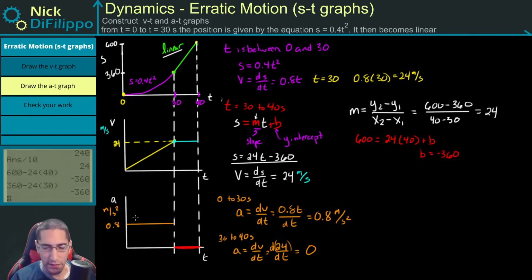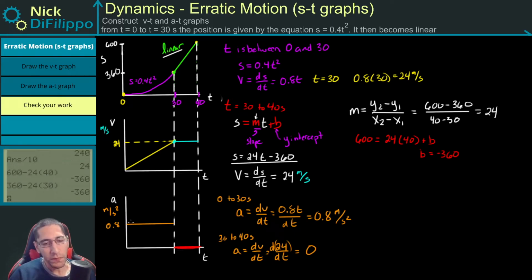Now, this is my acceleration graph. And all I want to do now is just sort of talk about and check my work. If we think about this, to go from position to velocity, I take a derivative, and velocity to acceleration, I take a derivative. So that means if I go from acceleration to velocity, I should only have to take an integral. And let's check to see what my velocity is if this all works out right.